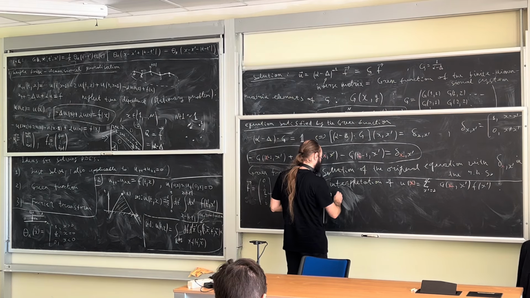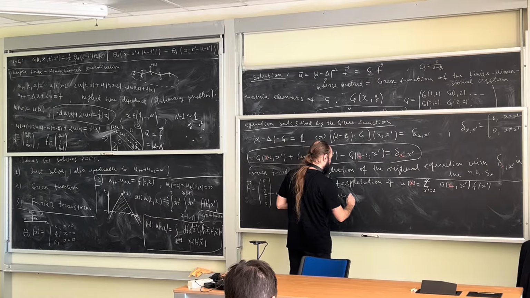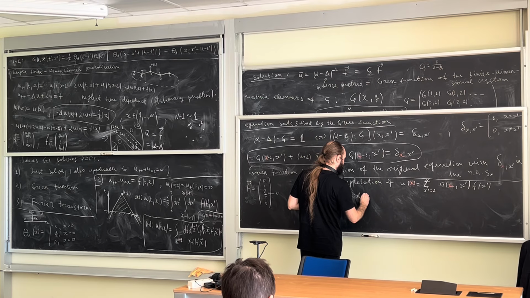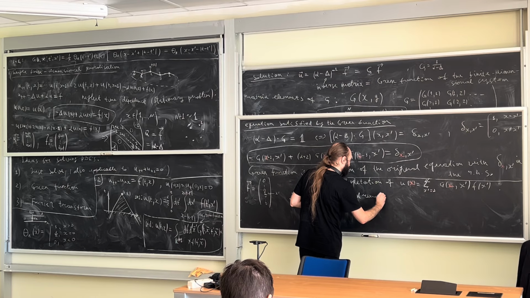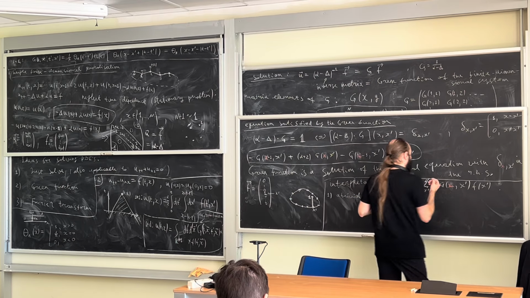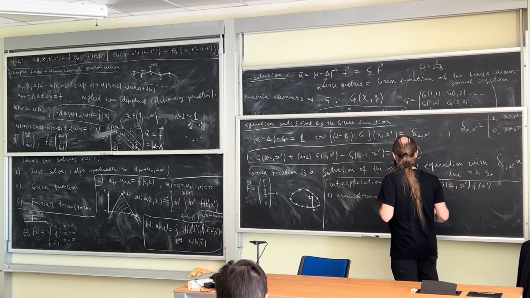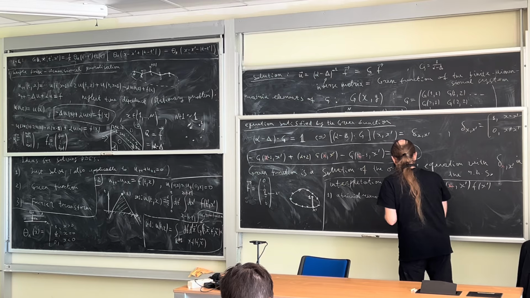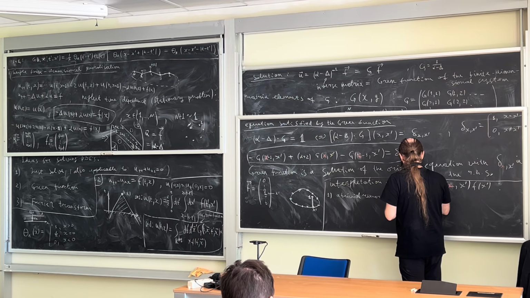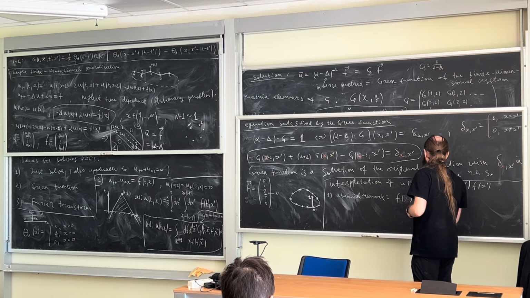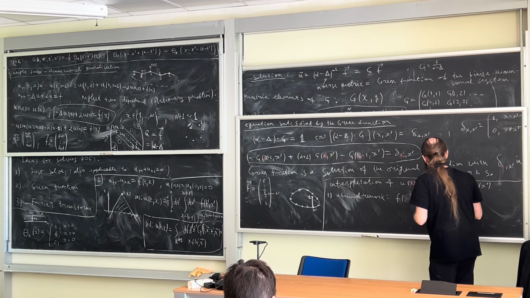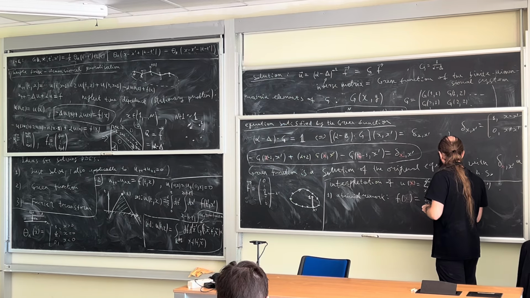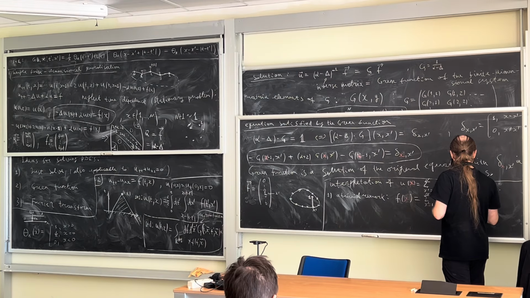So first, a trivial remark that f of x, let's again use a different color, f of x equals the sum from x prime equals 1 to n of delta Kronecker of x and x prime, f of x prime.